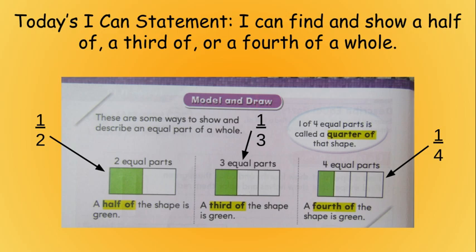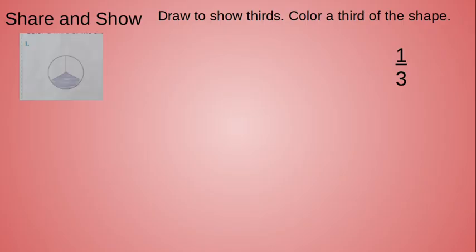All right, let's take a look at the share and show section. The directions say, draw to show thirds. Color a third of the shape. The first one's been completed for you. They already drew to show 3 equal parts, or thirds, and they colored in 1 out of the 3 equal parts, 1/3. Let's take a look at the next one. We have a square.